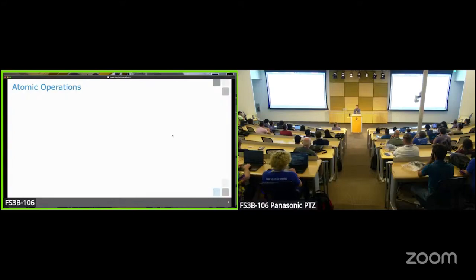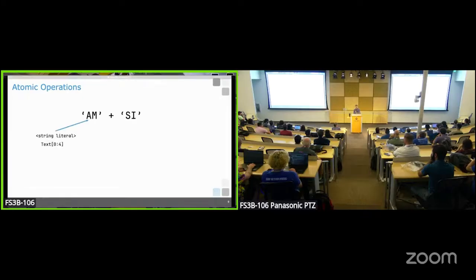So what do you really need to do in order to understand that this is a string that you need to glue back together? Well, you need to know that the left side is a string literal, an actual node in the programming language syntax tree, and that it occupies bytes 0 through 4.